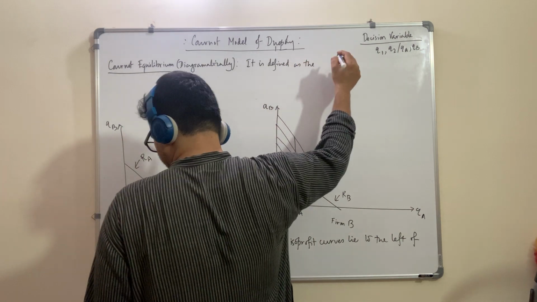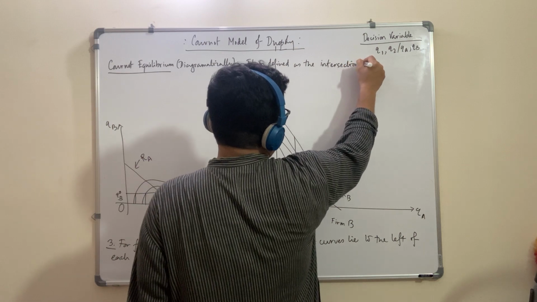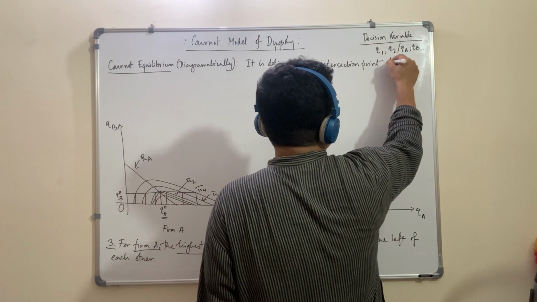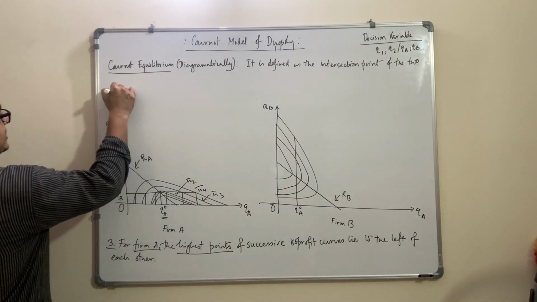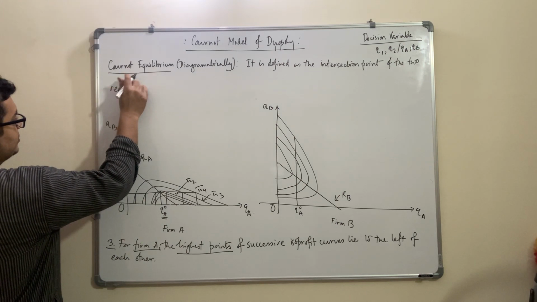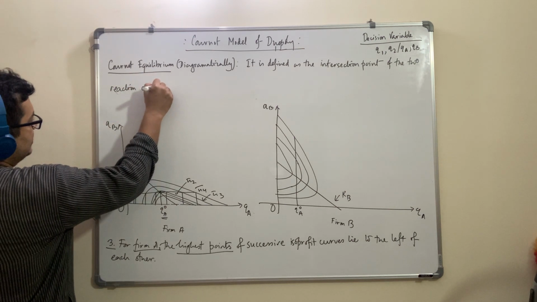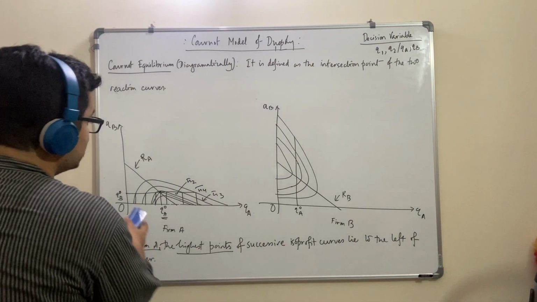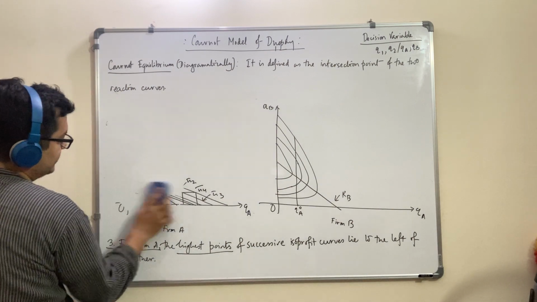It is defined as the intersection point of the two reaction curves. That looks pretty simple, right? Okay, so now our job is to bring these two reaction curves in the same diagram. So now I'm going to erase this.